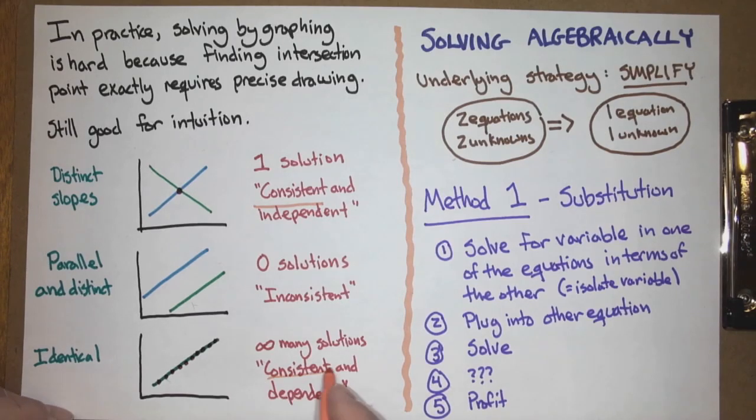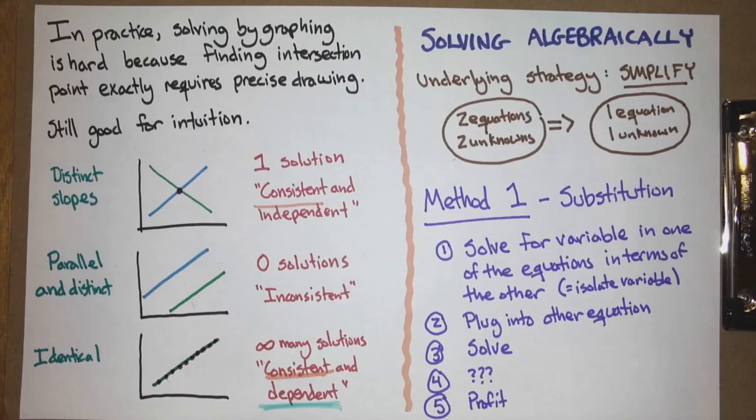Yes, there's a solution, but now there's a problem of redundancy. And that's where this word dependent comes into play, in that, hey, you really didn't have two equations with two unknowns. You really just had one equation with two unknowns. So there was a dependent relationship between the equations. We don't want redundancies. The ideal situation is one solution, and that's what we'll encounter most of the time.